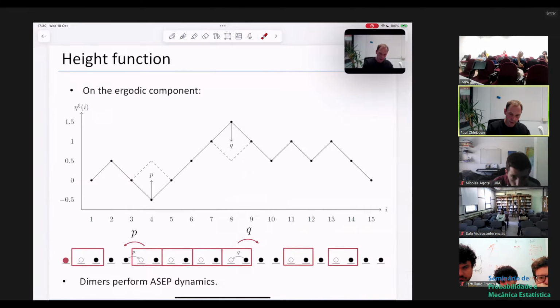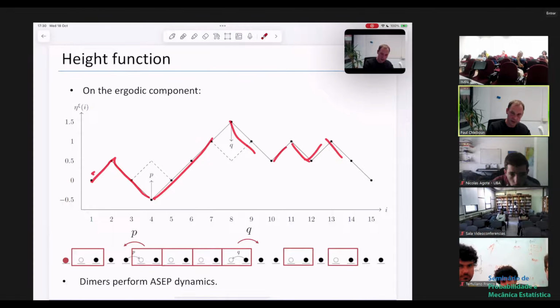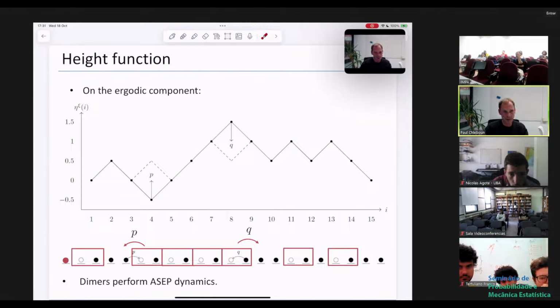In particular, once we're on the ergodic component, the height function looks like the height function that you could construct for a simple exclusion process. And again, this is because, I've written my timers the other way around now, sorry, but either the hole particle or the particle hole dimers, once you're on the ergodic component, move according to a facilitated exclusion process.